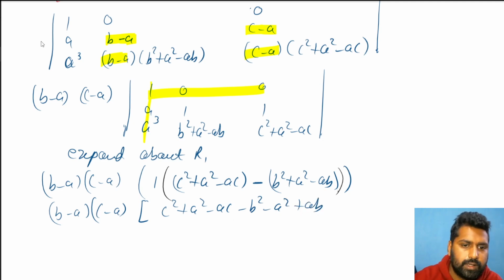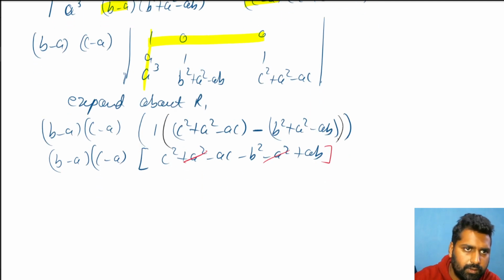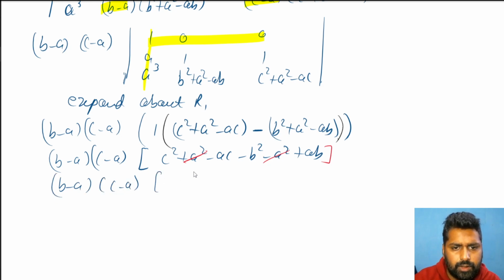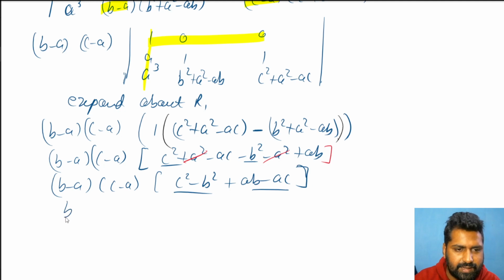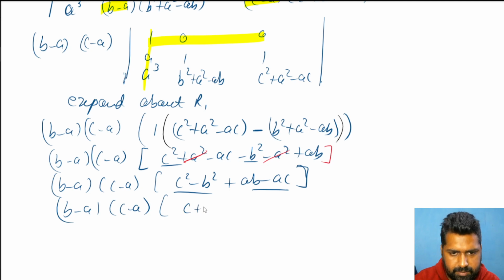Okay, a square cancels. b minus a, c minus a, get them copied. Now this is c square minus b square, get them together. This is ac minus ab, so write them. Take two terms at a time and you can see properties are being applied. c plus b, c minus b. Here if you take a common, you can write b minus c.